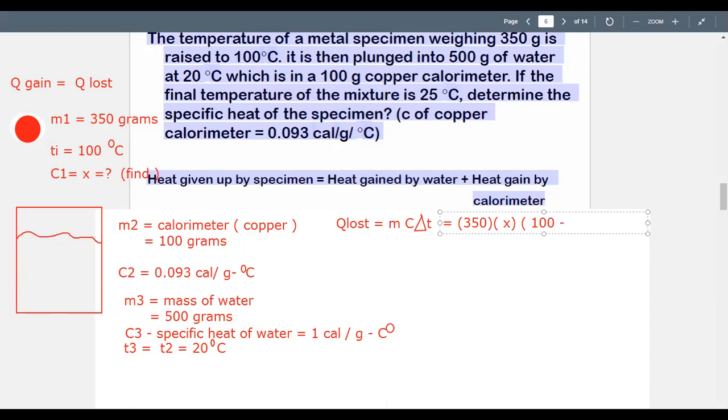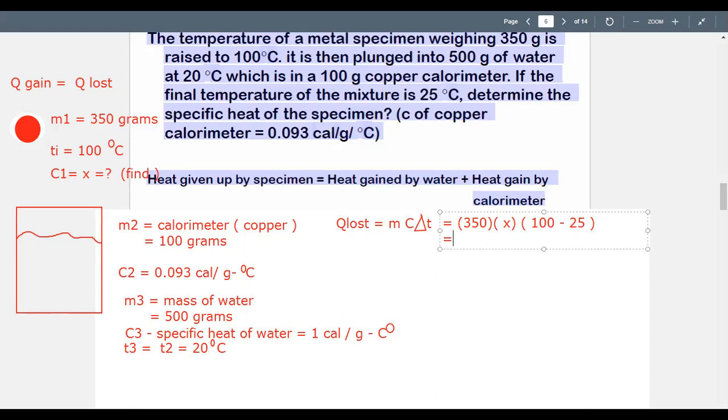When we put it in our equation for heat loss, that's 100 minus 25. Although this is the initial temperature, for those who lose heat, it's initial minus the mixture temperature. So this will be 75, times 350, times x, and you'll have your heat loss.